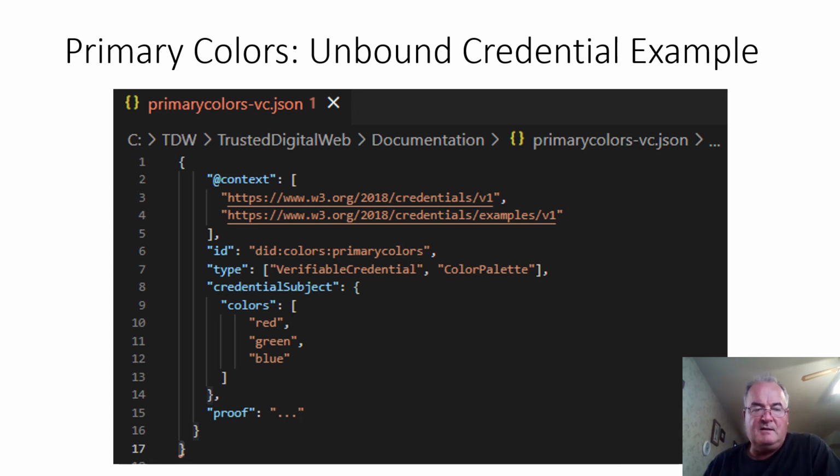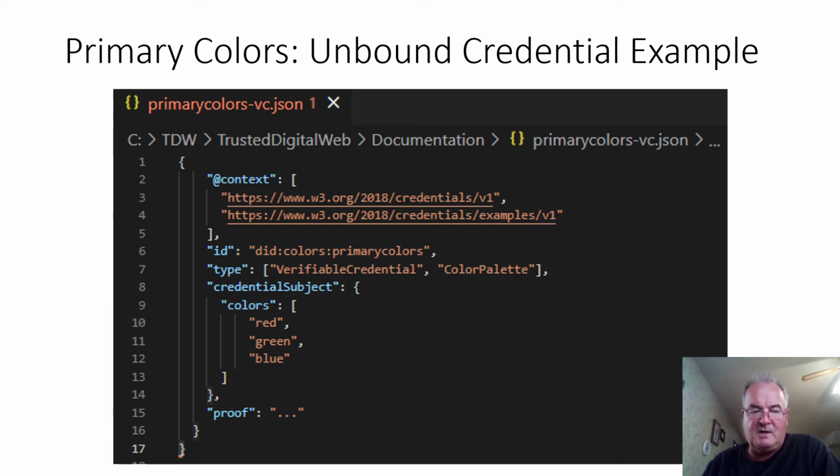And then the credential subject element is where the claims of a credential go. And this is part of the verifiable credentials specification. So here we're seeing there's a single claim called colors. That's the name of the claim, the name of the name value pair. And the value of the claim is an array.